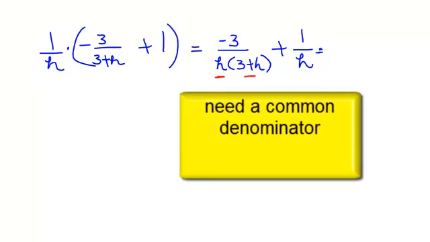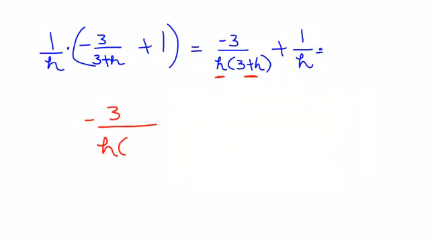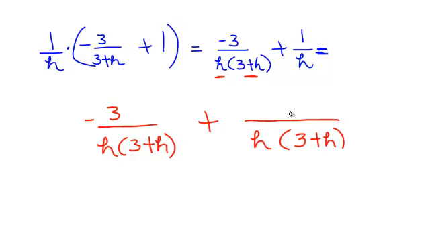I need h and 3 plus h. This one already has it. So I will have negative 3 over, I'm not changing anything on that one. On the second one, that will be my common denominator between the two. I have h, but I need a 3 plus h.